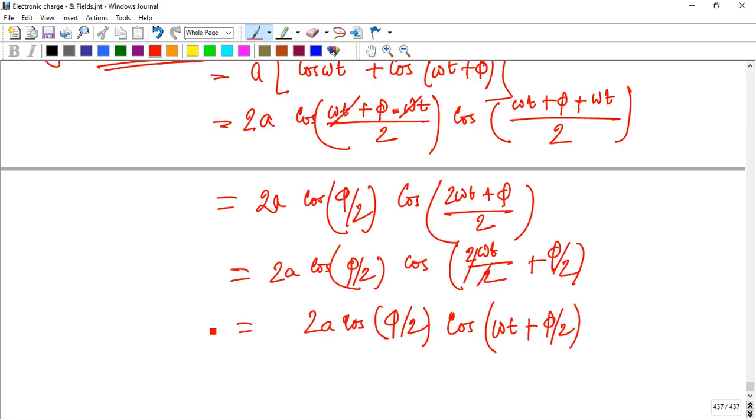That is the resultant wave. These are the displacement.